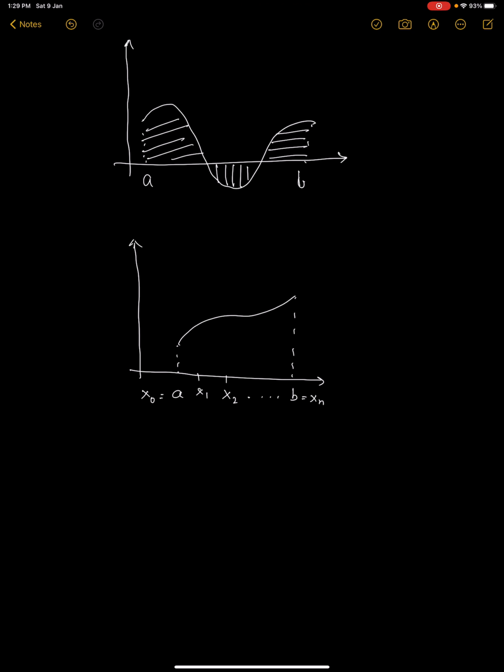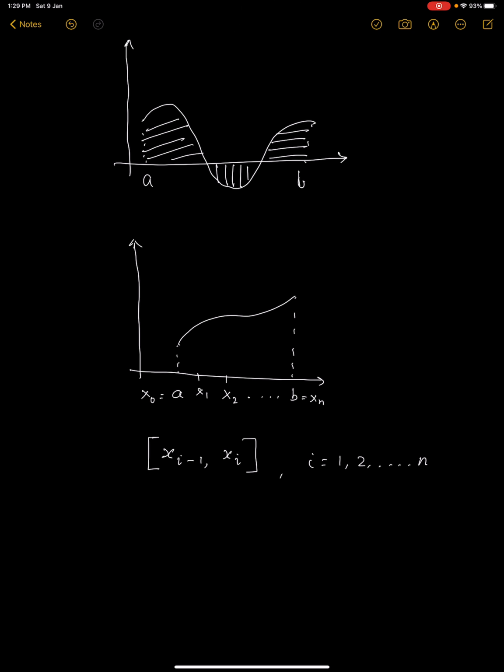In each of these intervals, which I write like this, xi minus 1 to xi, the ith interval for example, i is varying from 1 to n. So I have these n intervals, and hence I have n plus 1 points.